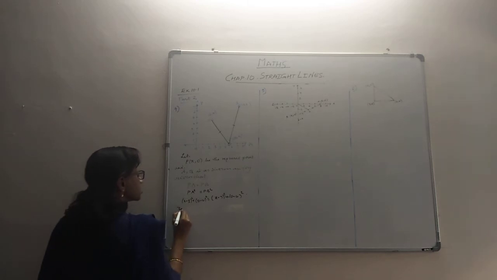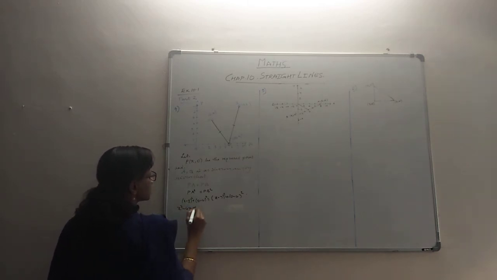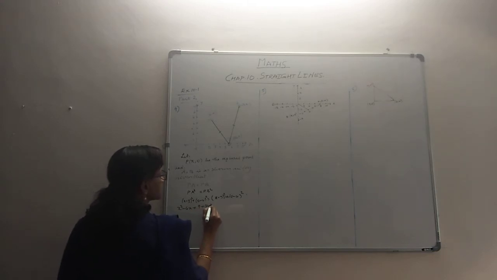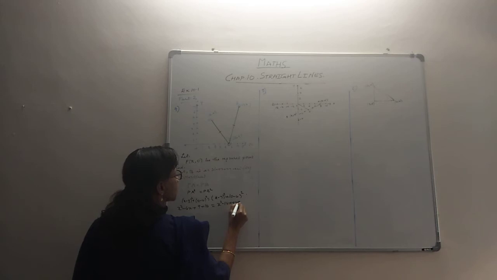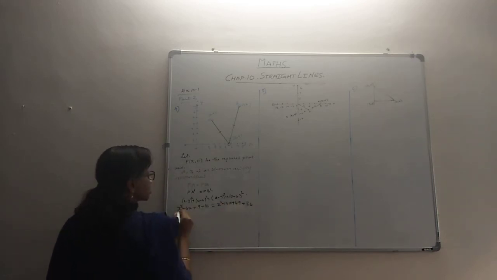So this is now x squared minus 6x plus 9 plus 16, equal to x squared minus 14x plus 49 plus 36. The x squared cancels, and let x be on one side, so minus 6x.